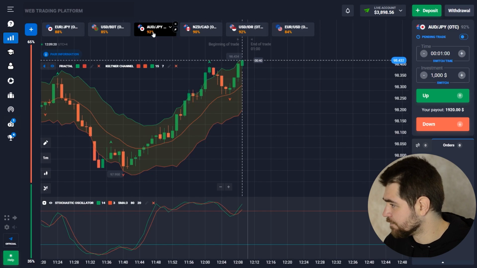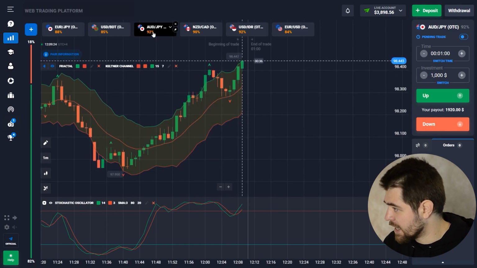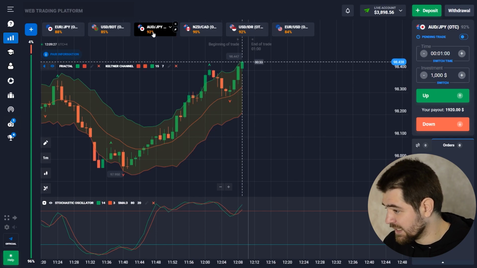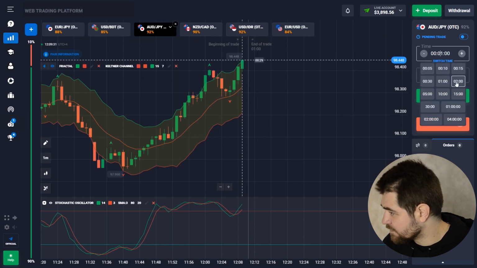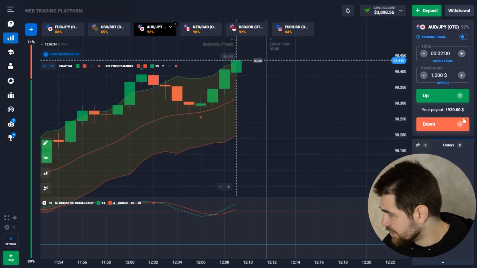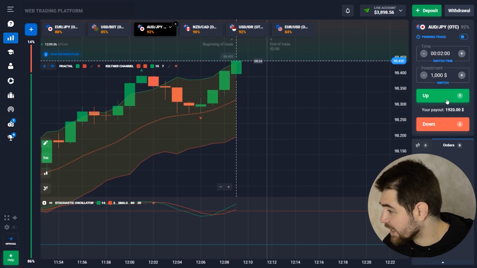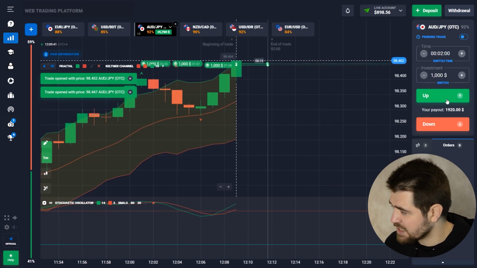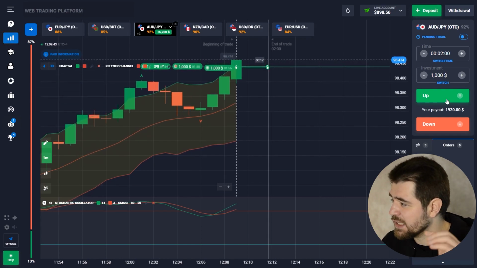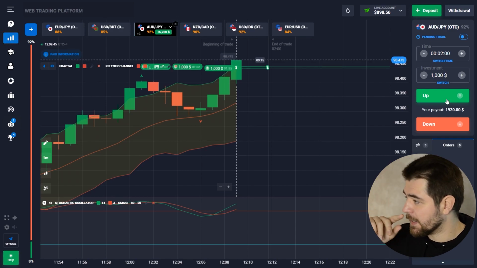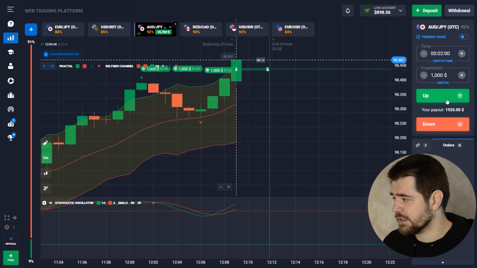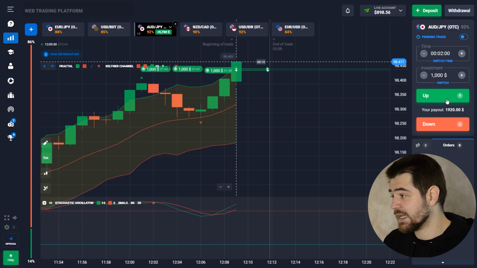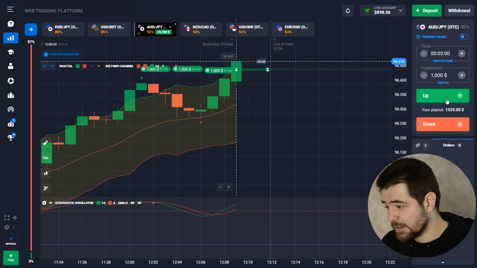Let's go to the next option and have our next decision making. Here, for example, there is a nice pullback, and now the price is going up again. So maybe we have a chance here to use that to our advantage. There's been an upper trend, and there was a pullback, and now the price is going up a little.